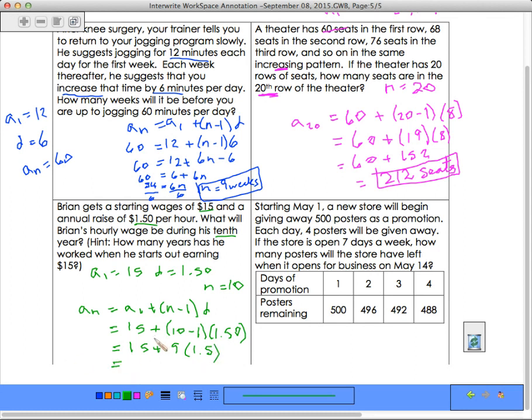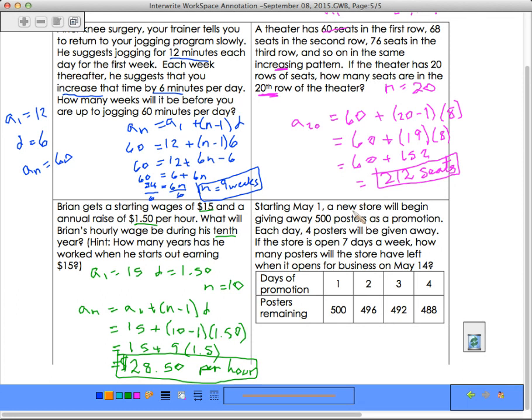And that is going to give me 15 plus 13.50, which will give me 28.50 per hour. And that's money, so I'm gonna put a label there. There we go. And we've got one more to look at real quick.